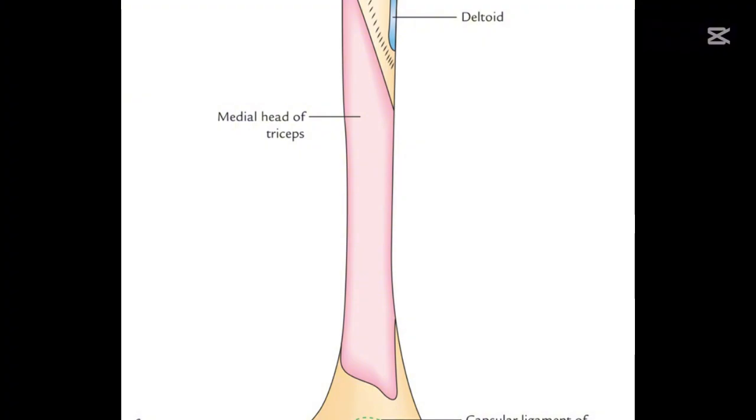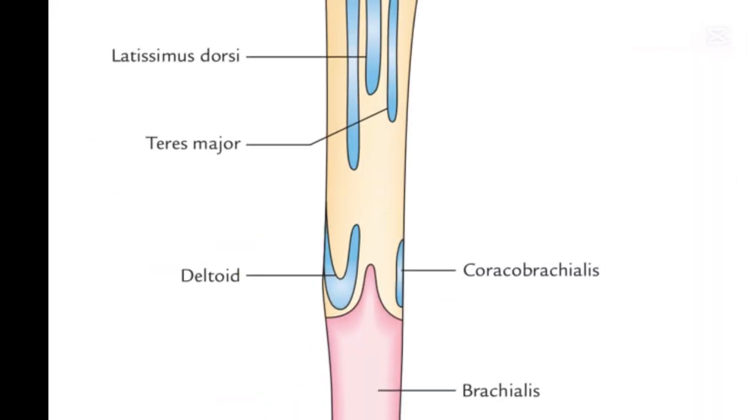But below the radial groove, in the posterior surface, that is where the medial and lateral parts of the triceps originate, or you can call it the spiral groove. While above the radial or spiral groove, that is where the coracobrachialis is inserting to. Don't forget, and also the brachialis muscle is originating from.